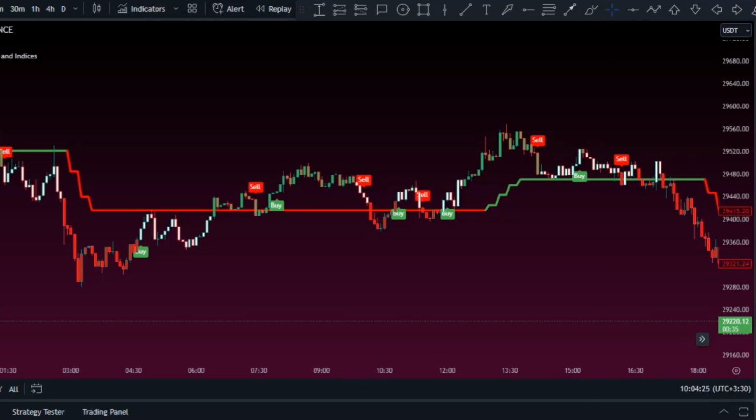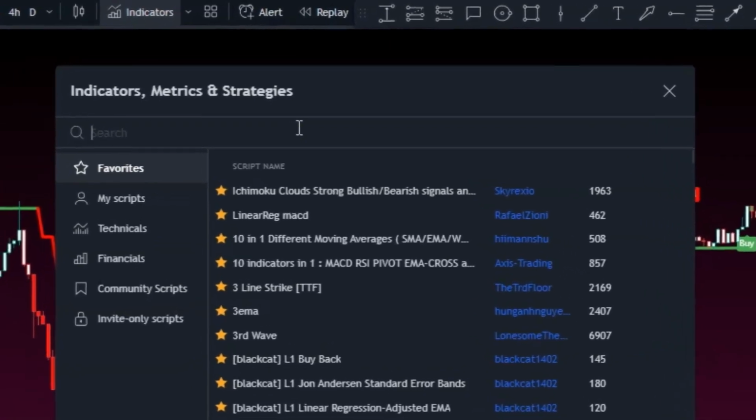And now for the final step in making this profitable strategy, we need to add the BBX Trender indicator to the chart.